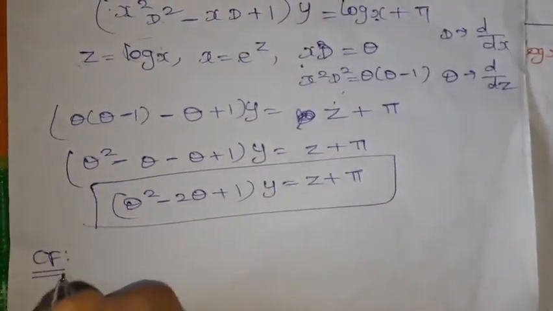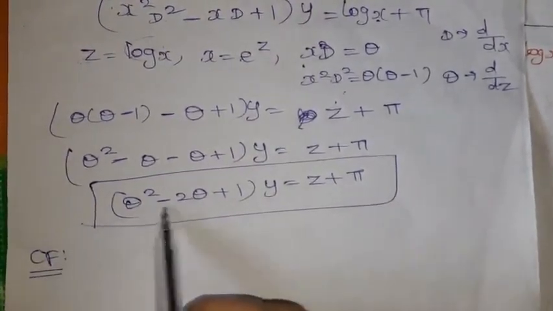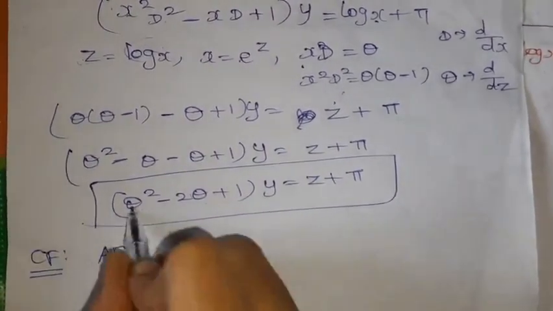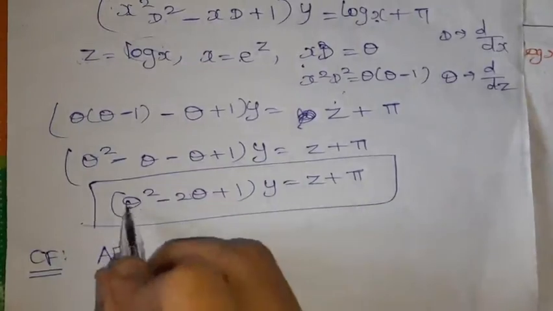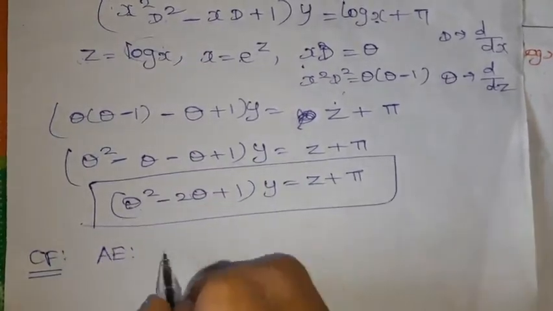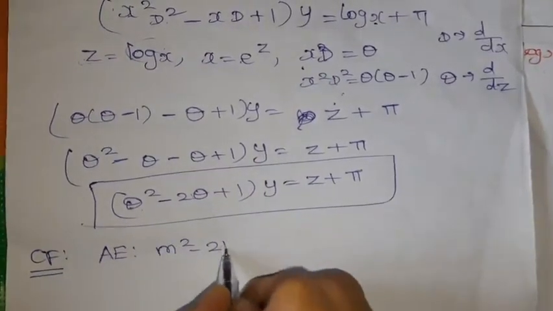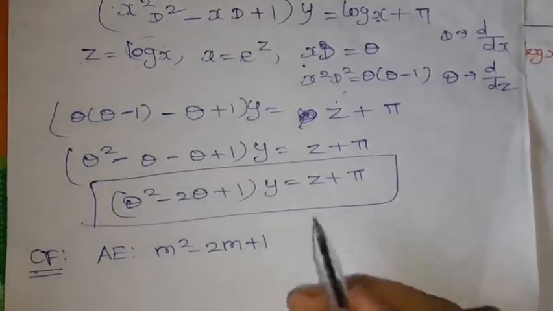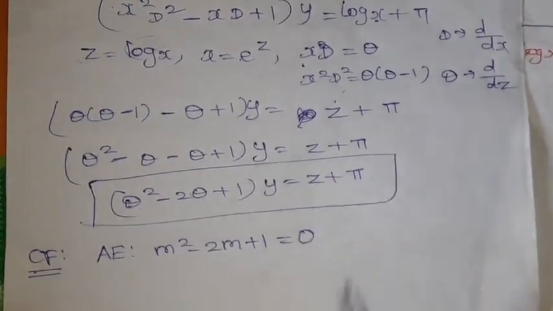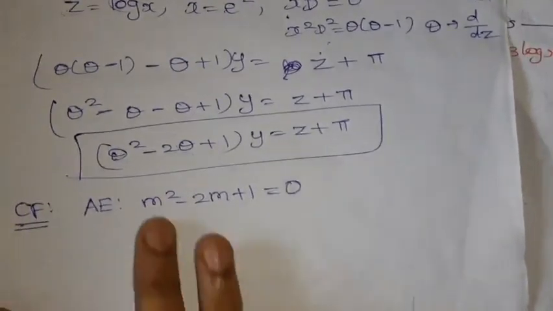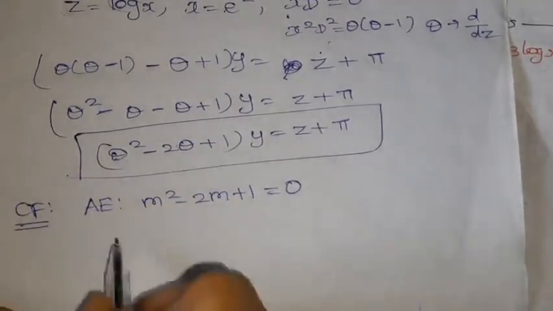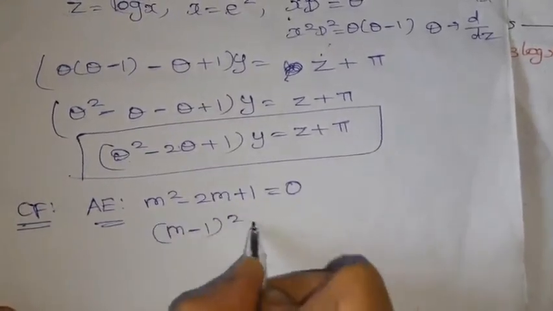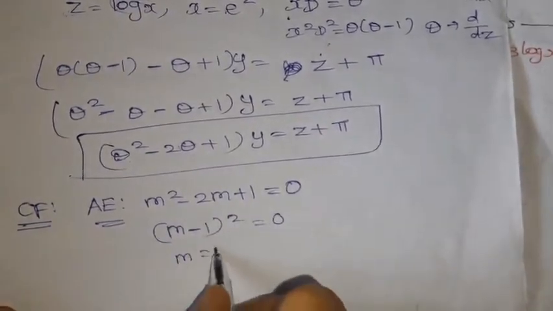We know that. Okay, for complementary function, what should we do? We should assume the right hand side equal to 0. Then the auxiliary equation is nothing but replace theta by m: m squared minus 2m plus 1, right hand side equal to 0 for complementary function. So this is nothing but m minus 1 the whole square. So we have m equal to 1 comma 1.